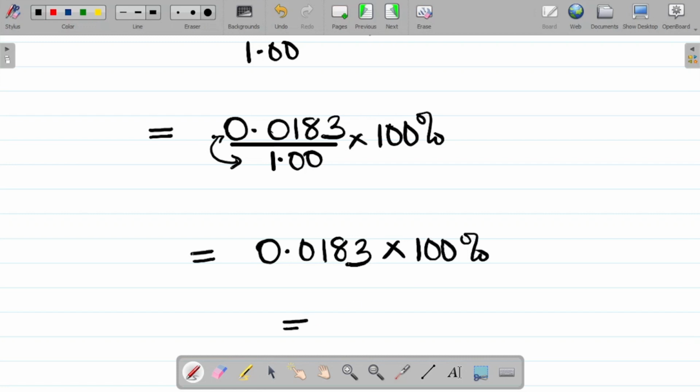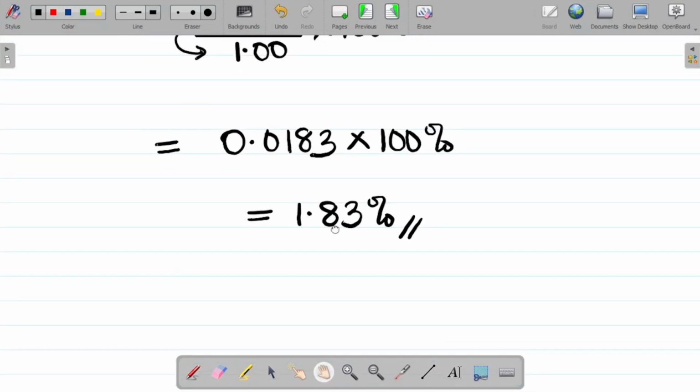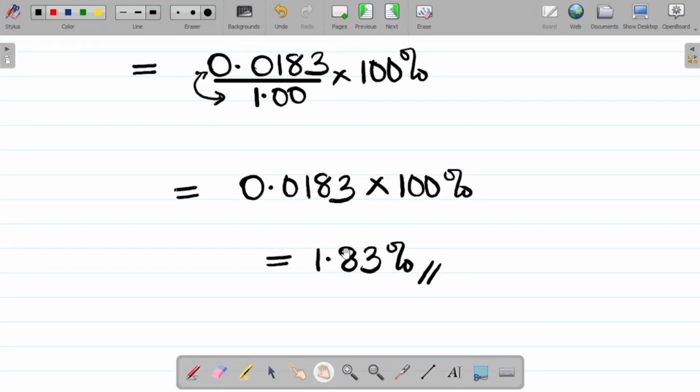If I multiply by 100, I have about 1.83%. Hence the percentage error is simply 1.83%. So this is how we answer this question.